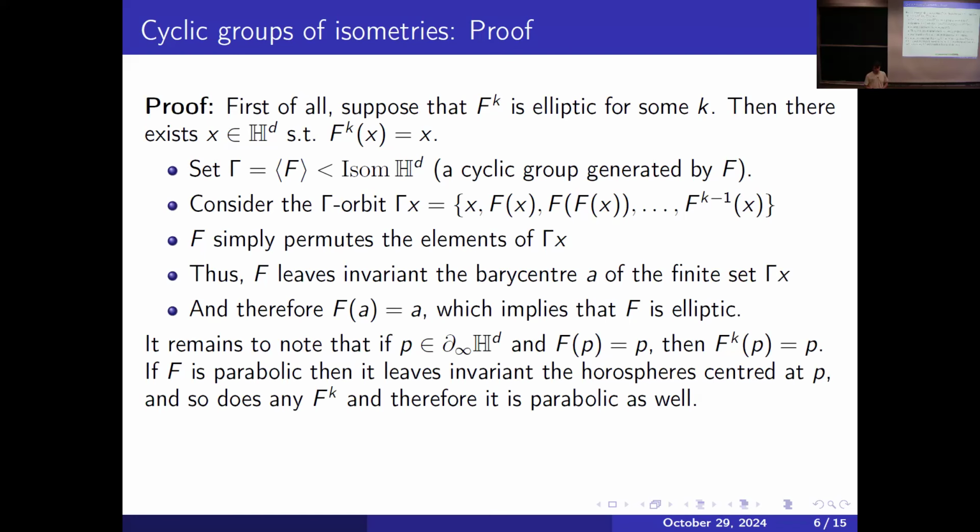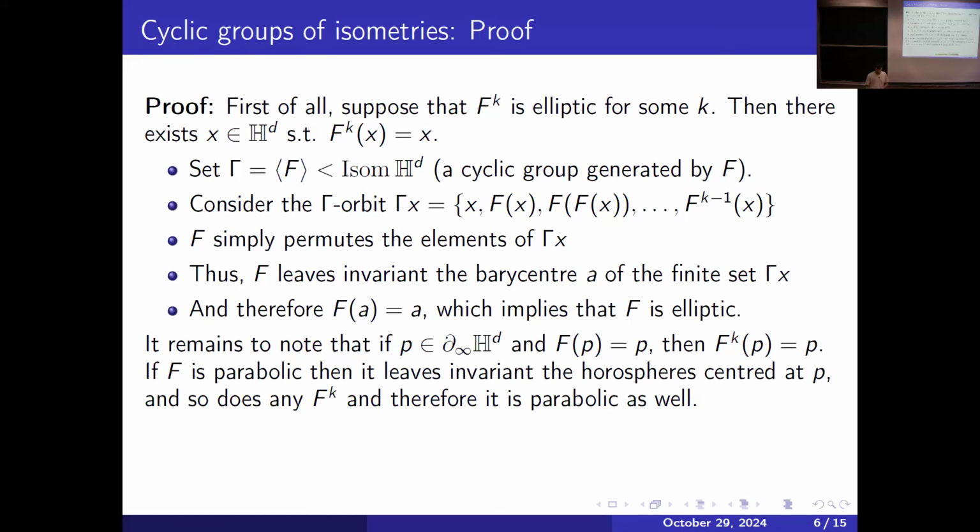And then also this consideration implies that every power, right? So if f was initially elliptic, then obviously f^k of x for any k also preserves x, right? So this was the hardest part.